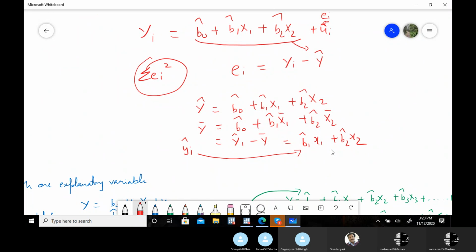So what is our residual term in the deviation form? Small yi minus y hat. This is the actual form and this is the deviation form. Let's suppose we are going to minimize it in deviation form.